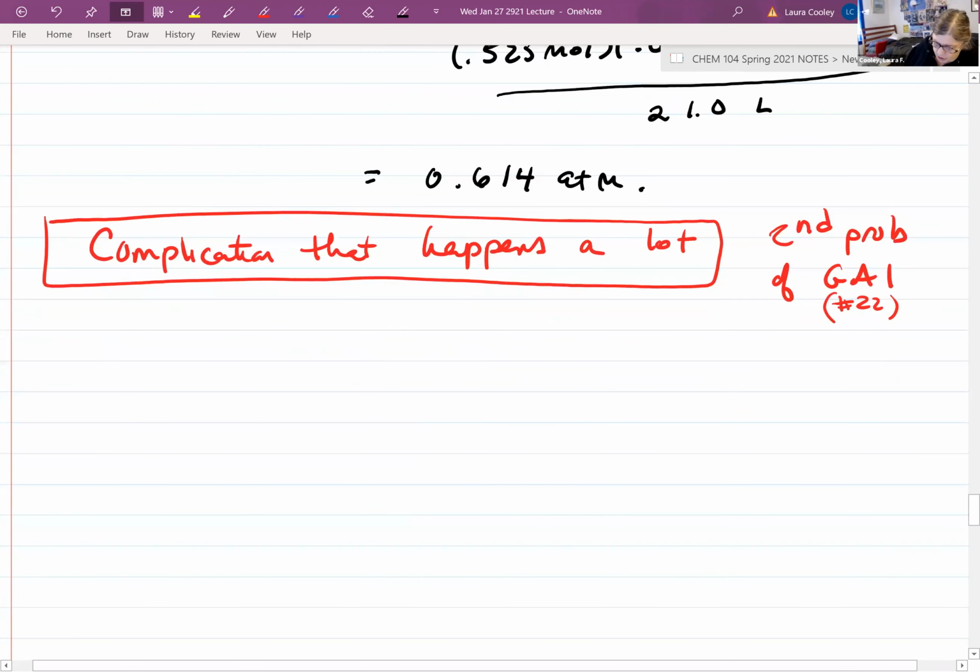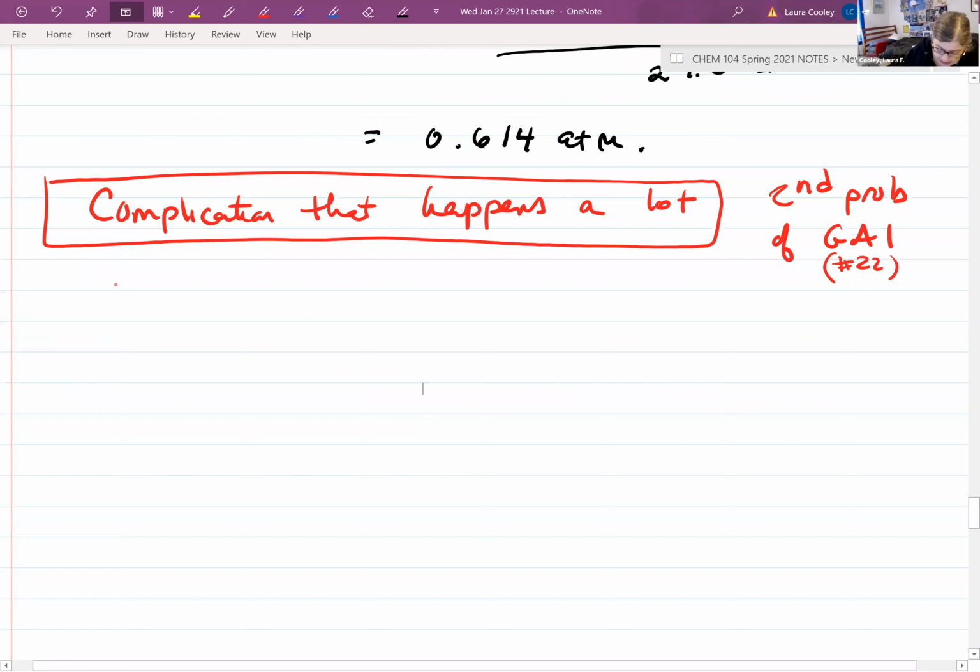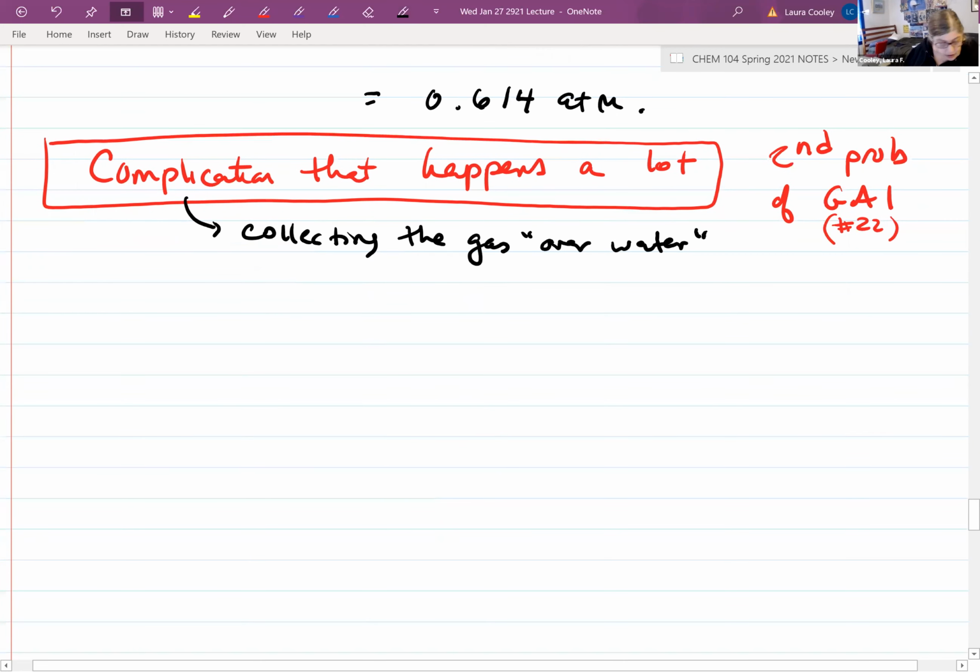I'm just going to talk about a different reaction. And this complication is what happens when you are collecting the gas over water. So I'm going to draw a little diagram of what's going on here.